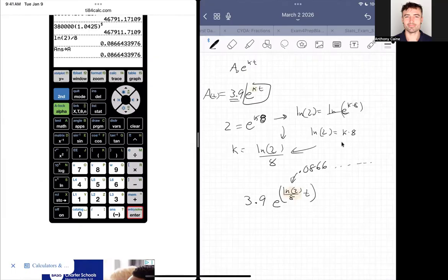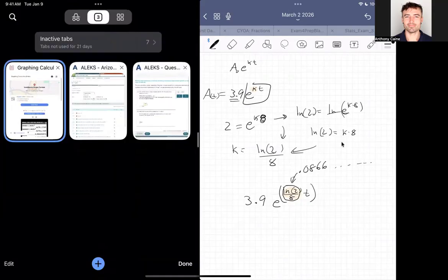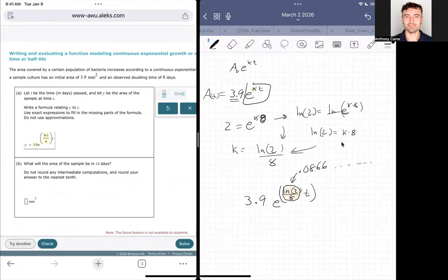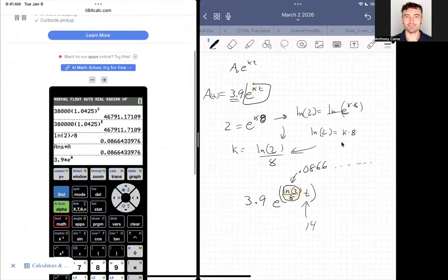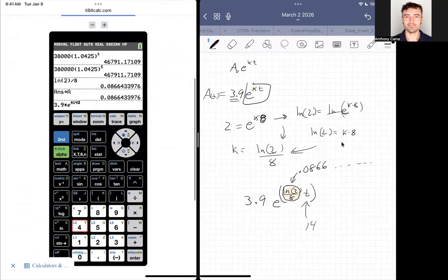So now when it comes time to actually compute stuff, I can do 3.9 times e to the, and then this is now just the letter a. And in the problem statement, we want 14 days to go by, so I'm going to plug in 14 here. a times 14.